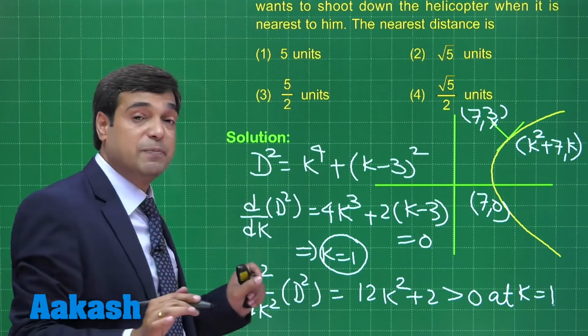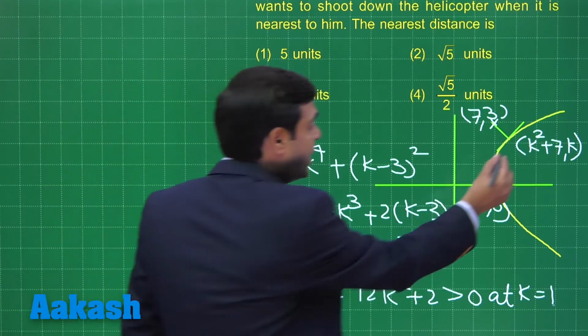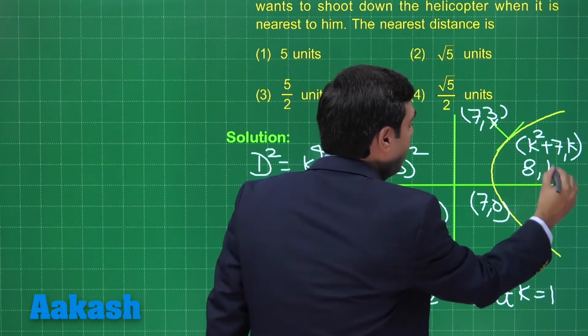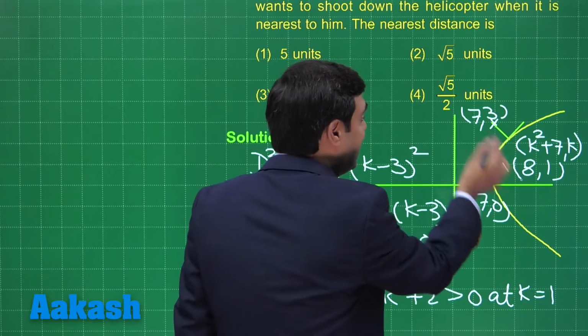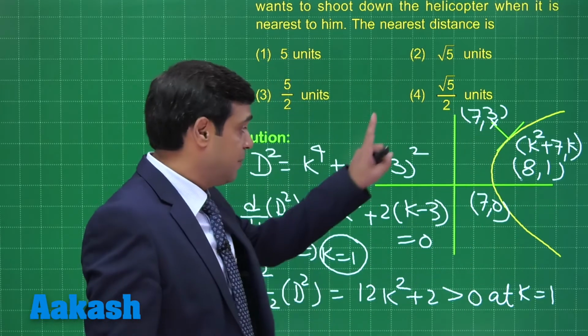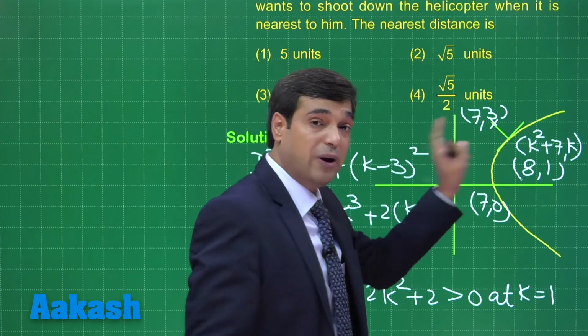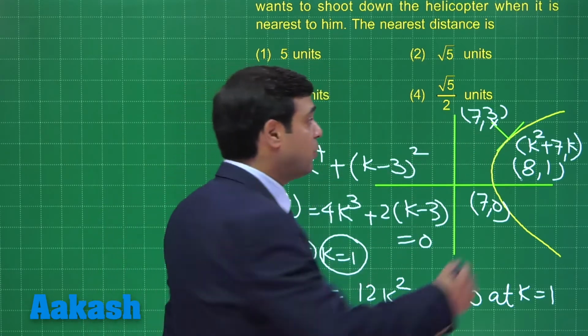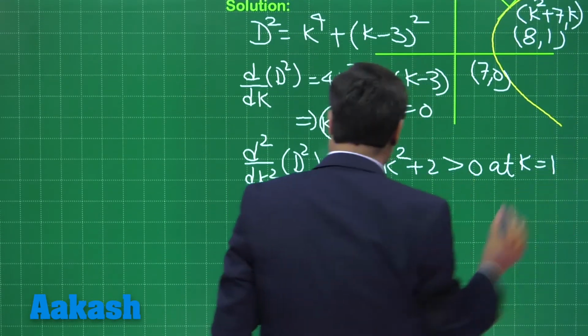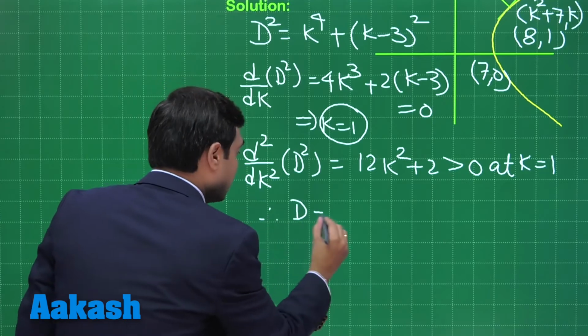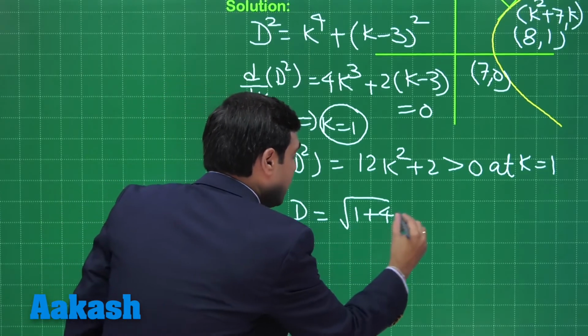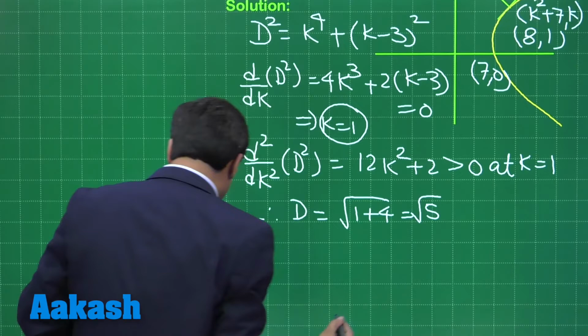So clearly it is a minimum when k is 1. When k is 1, the point becomes (8, 1). Now the distance is √((8 − 7)² + (1 − 3)²), that is √(1 + 4), which is √5.